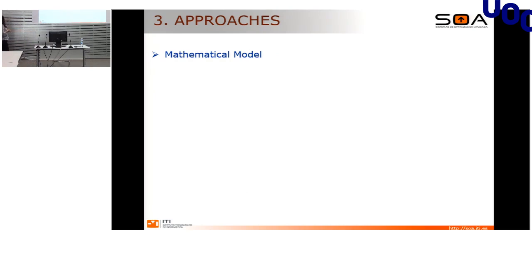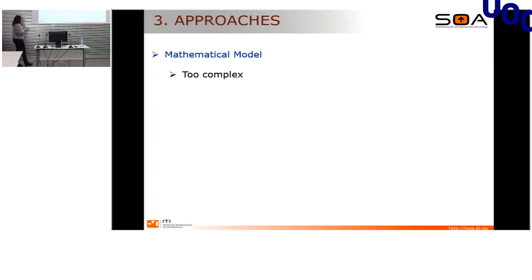Okay, our approaches. The first thing we developed was a mathematical model, but the mathematical model is really complex, especially because of the input-output assignment, because you have to consider the assignment of the input-output inside the mathematical model, and we have to assign, theoretically, the optimal input-output according to the position of the container.